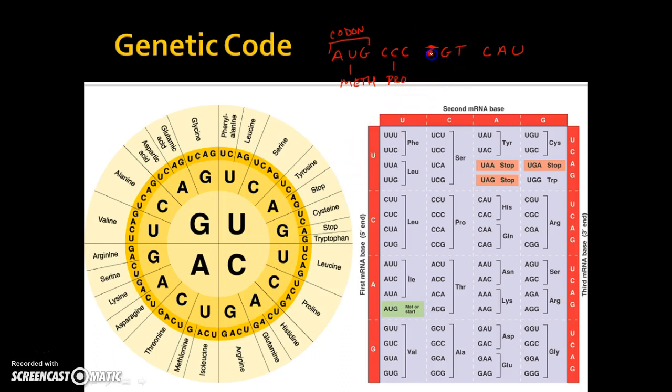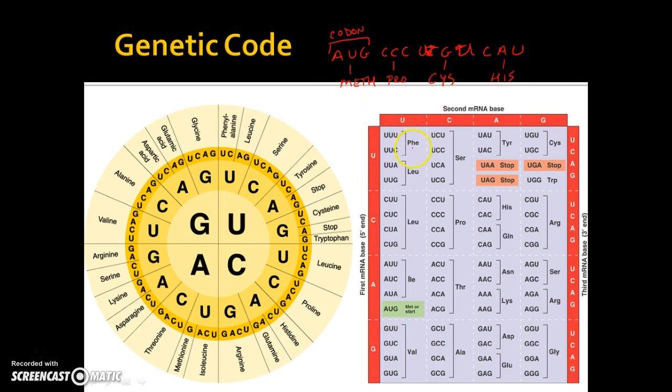I'm sorry, this wouldn't be a T, this would be a U, and so would this. UGU would be cysteine, and then CAU would be histidine. We would continue doing that, building our genetic code.